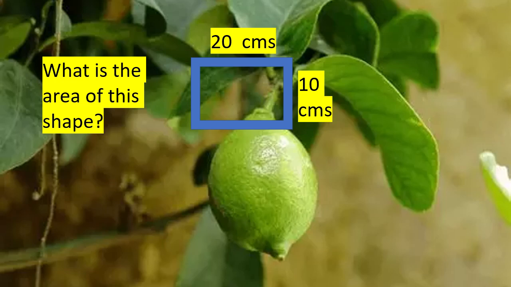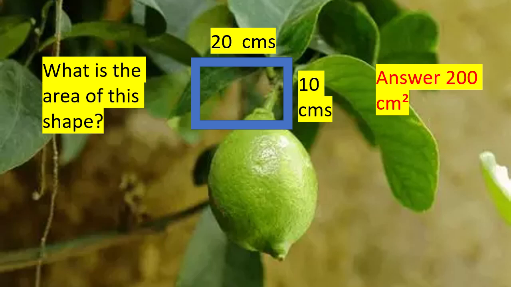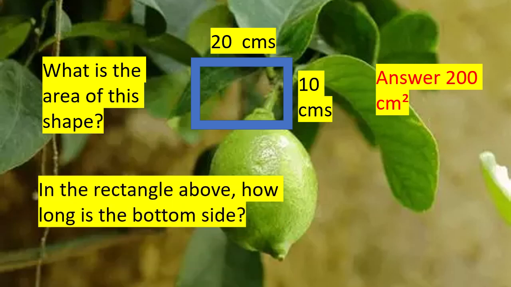And the answer, 200 square centimeters. In the rectangle above, how long is the bottom side? And the answer is 20 centimeters.